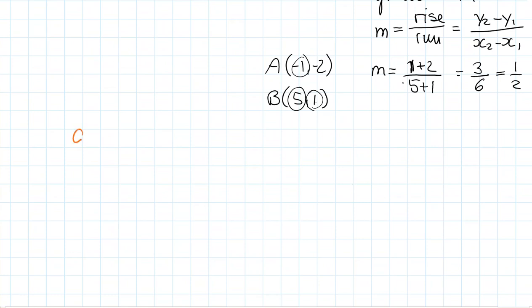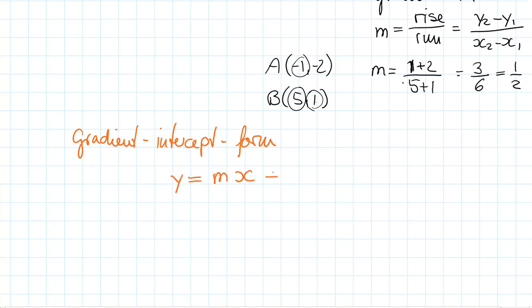So the gradient intercept form would look like this: y equals mx plus c, where c is the y-intercept and m is our gradient.